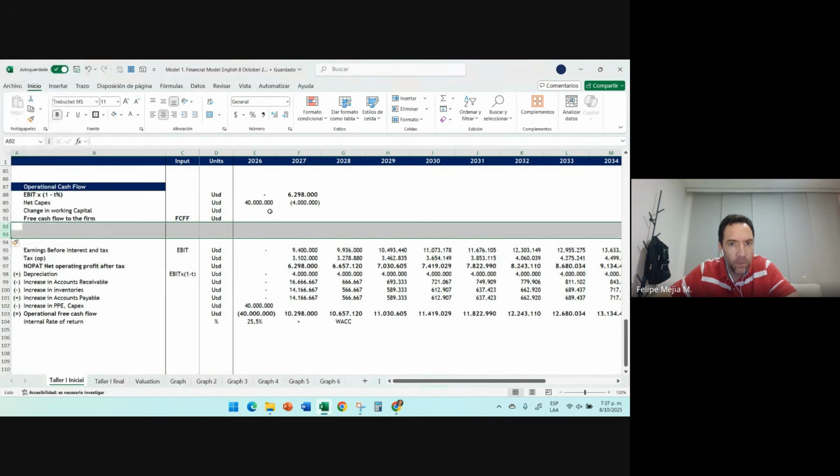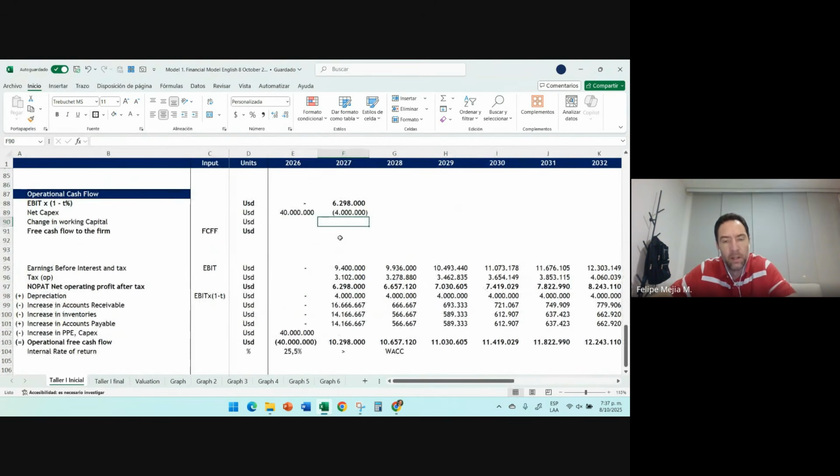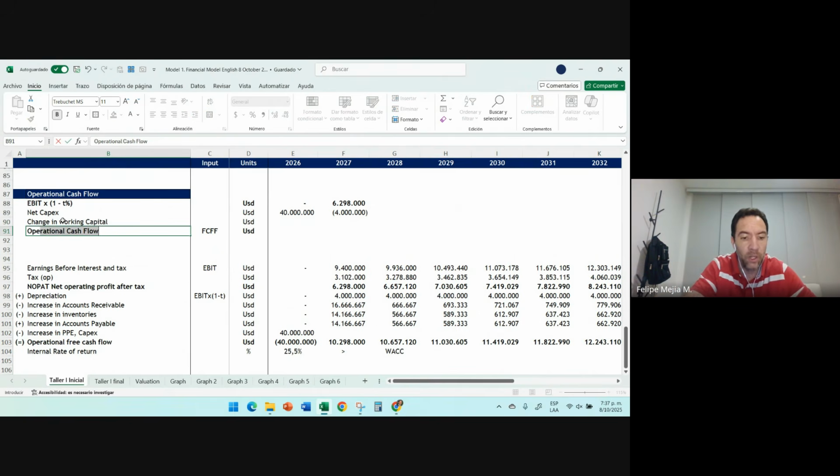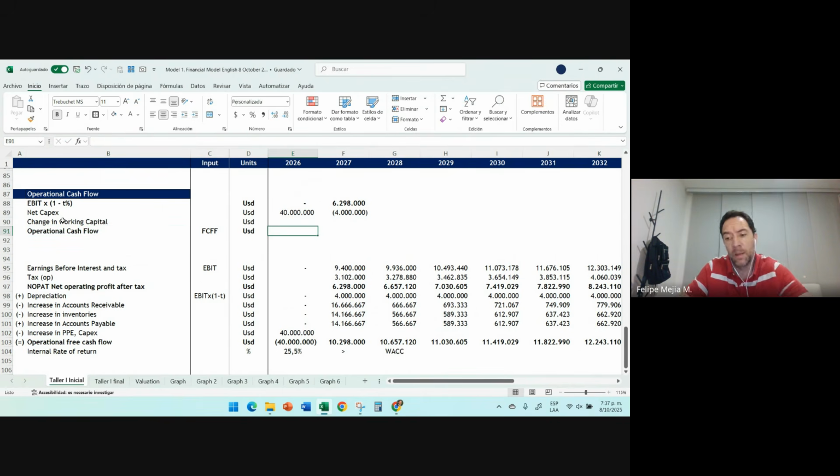And then just let me show you something else that I was meaning to show you and I forgot, and is to get this same result, this same 40 million, using Damodaran's formula for the free cash flow to the firm that will be useful when we do our transition to valuation in the class that's happening tomorrow, actually. So we take EBIT times 1 minus T minus net capex minus change in working capital. We get the 40 million.